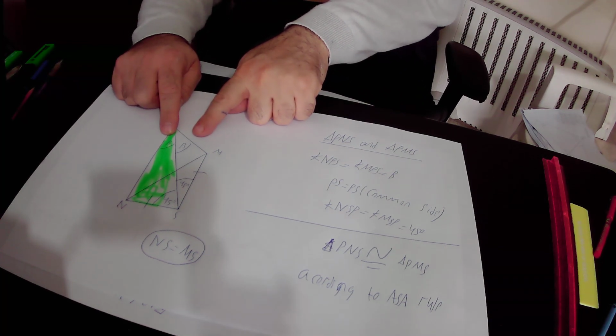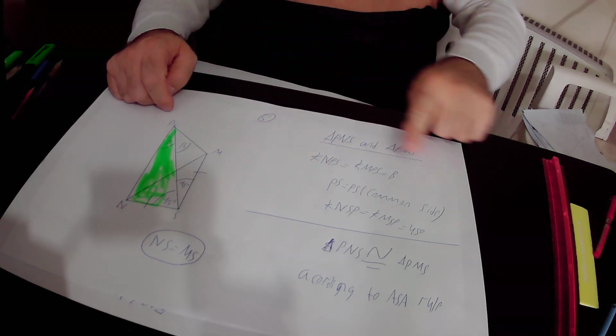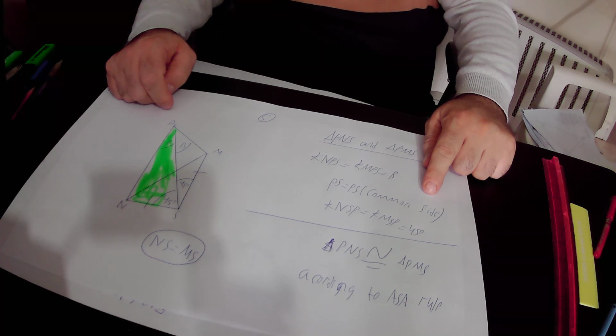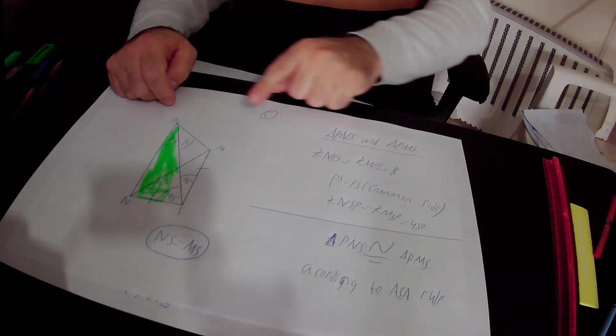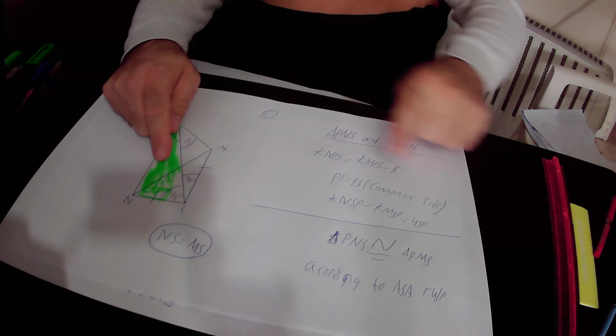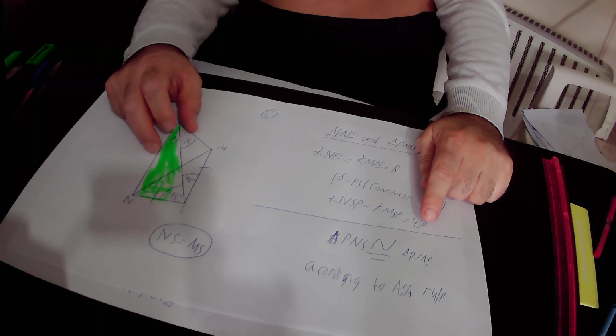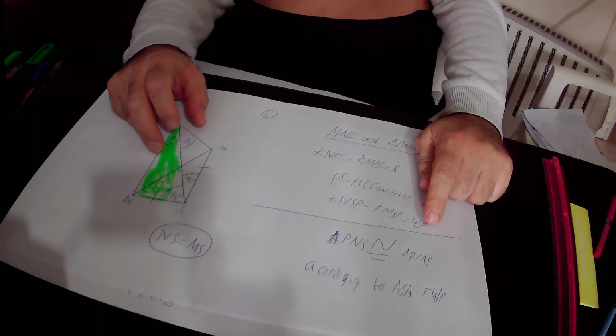Angle NPS equals angle MPS equals beta. PS is a common side that belongs to both triangles, so PS equals PS. And those two angles are both equal to 45 degrees, so they are equal to each other. Therefore, we prove that those two triangles are congruent according to the angle side angle rule.